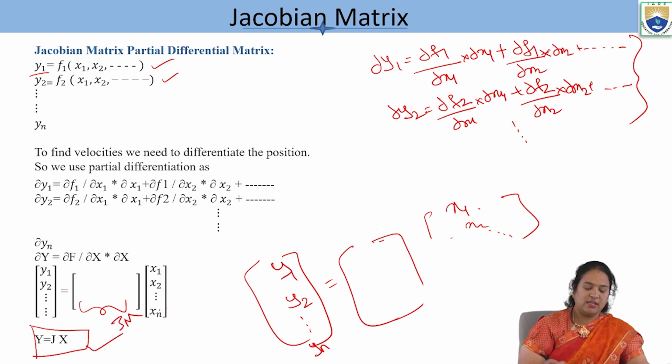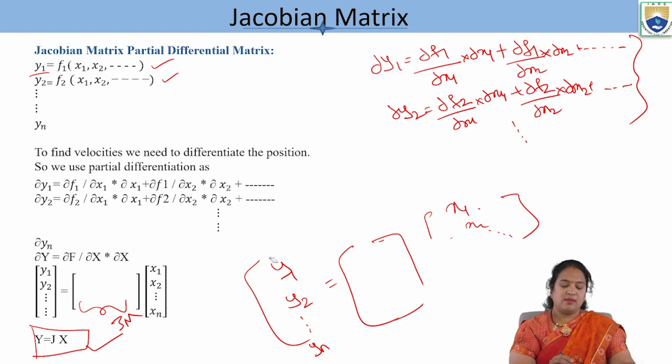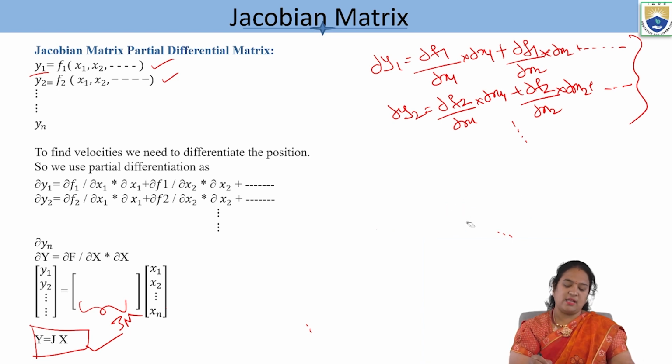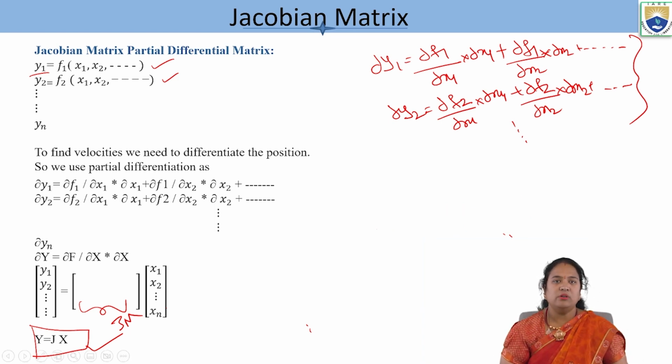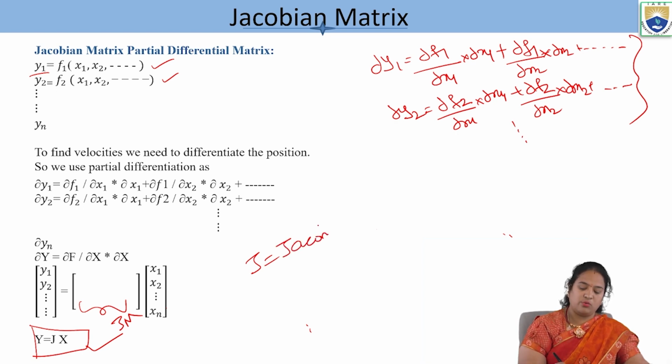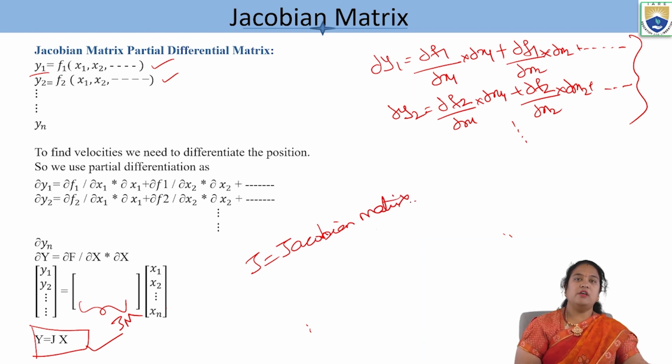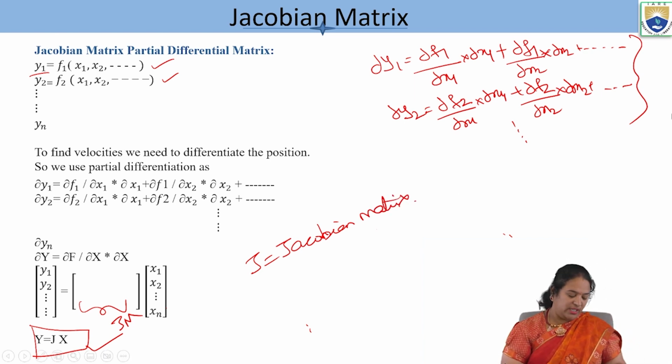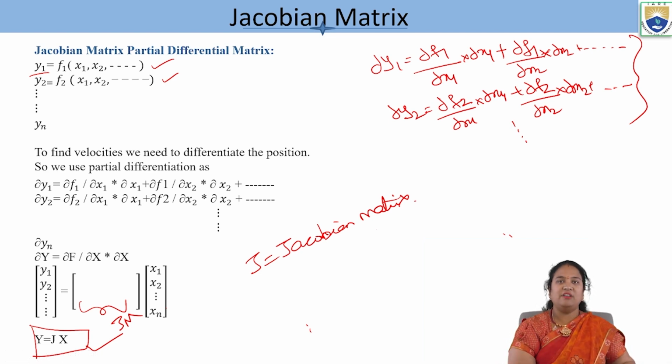So the final equation is y is equal to J into x, where J is the Jacobian matrix. This is how we find the Jacobian matrix for any particular equation.